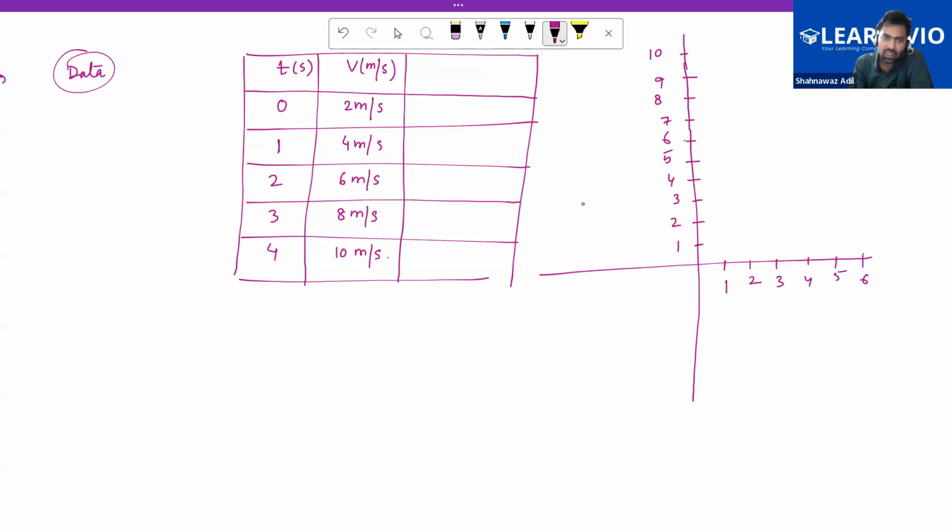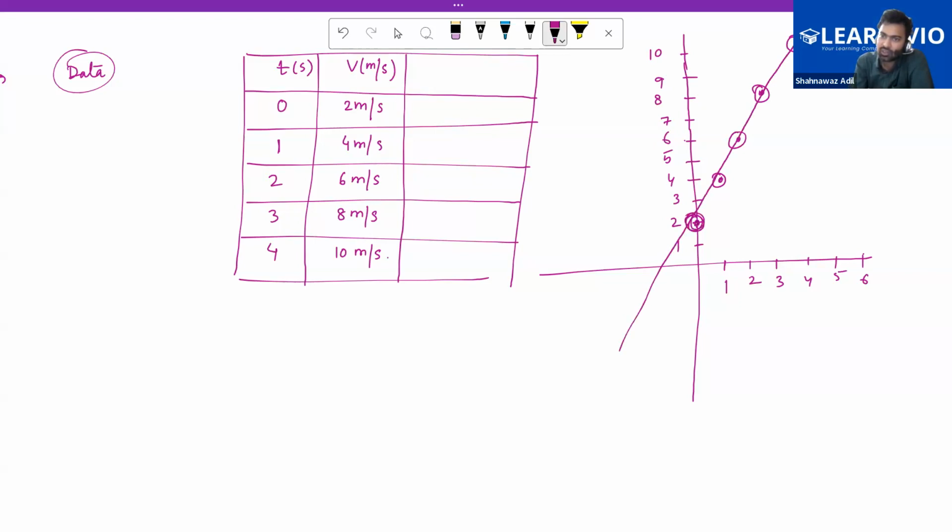At 0 seconds, this is 2, so we are here. At 1 second, this is 4, so this is here. At 2 seconds, this is 6, here. At 3 seconds, this is 8, here. And at 4 seconds, this is 10, here. So this is the graph that we will get.